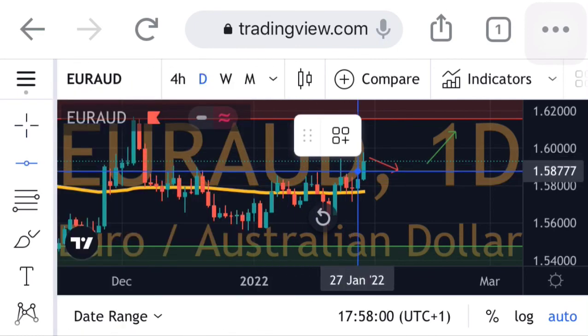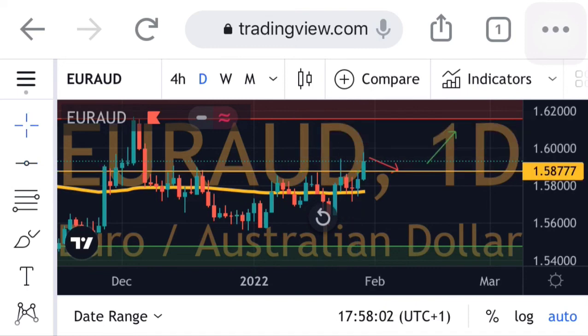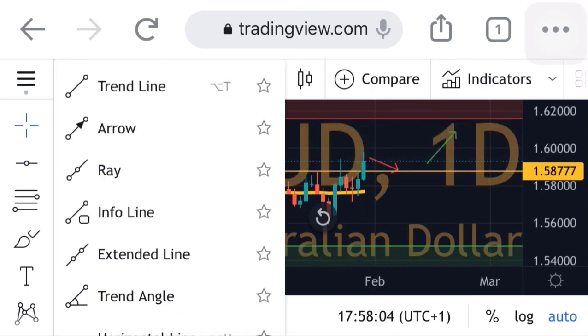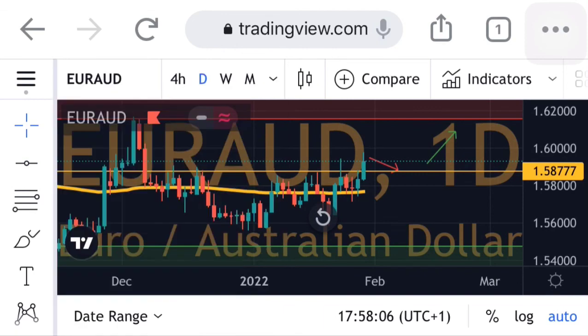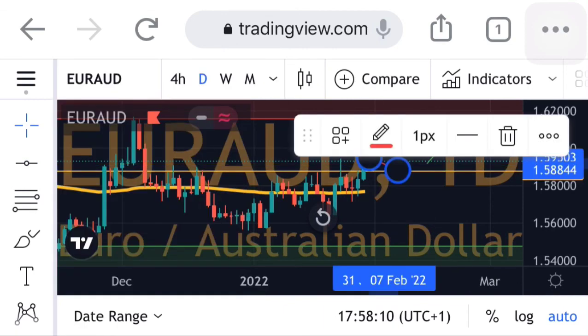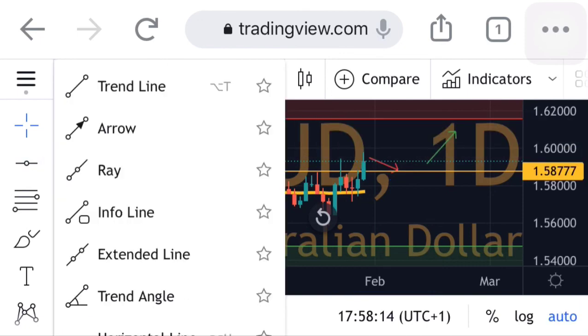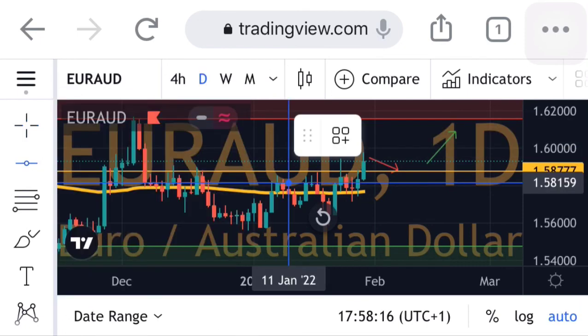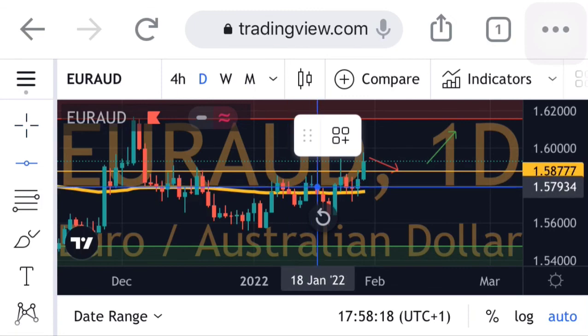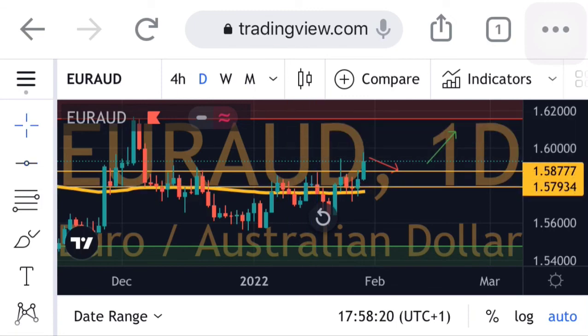So this line should be our entry right here, right? Our stop loss should be around here.